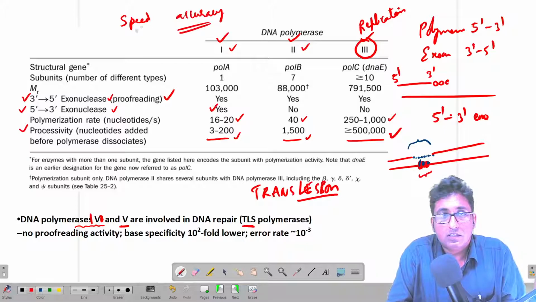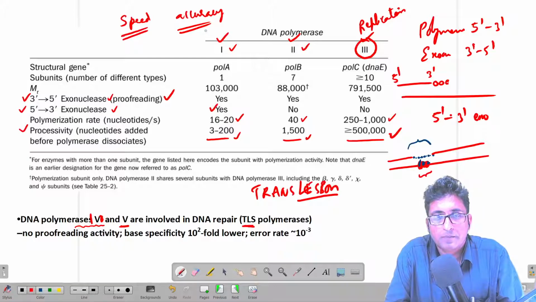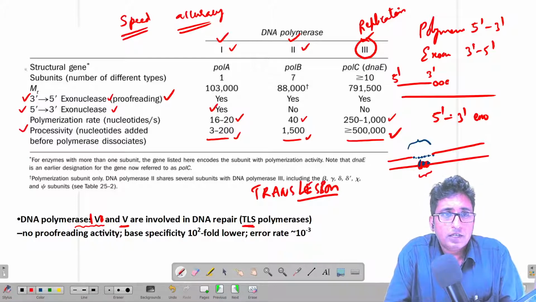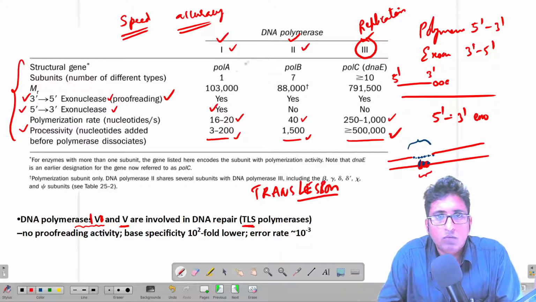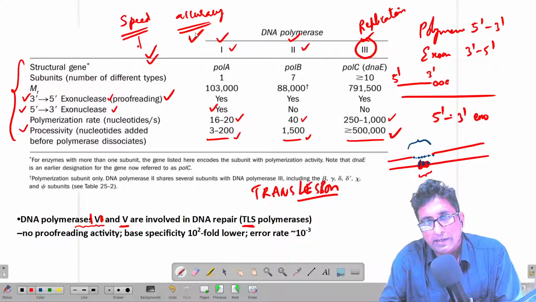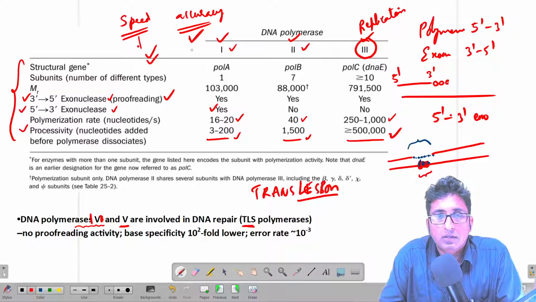Sometimes speed is preferred, but most of the time accuracy is essential. So if we take these enzymes 1, 2 and 3, say 1 and 2 are not so fast, but they are highly accurate. If you take 3, it is very fast and, relative to DNA polymerase 1 and so on, it is accurate enough, at least if it is not the most accurate one.